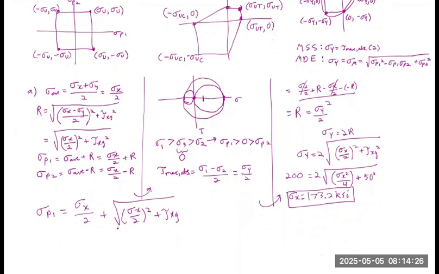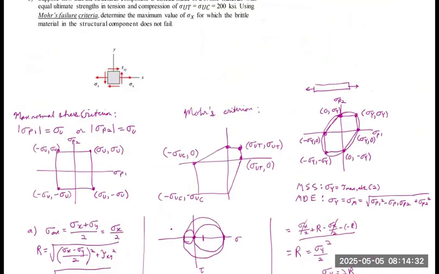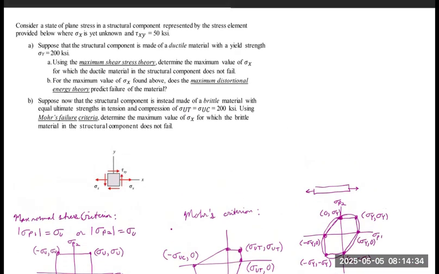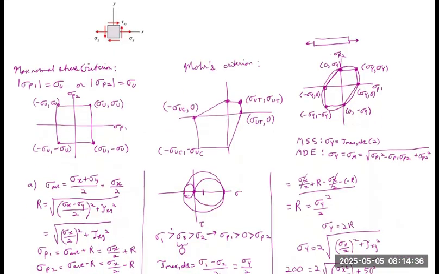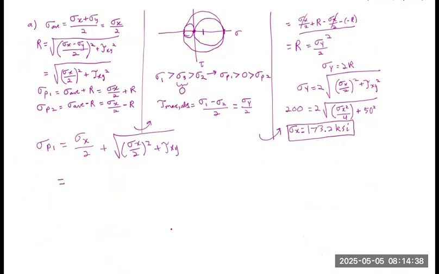So plugging in our value for sigma x, 173.2, and our value for tau xy, which was, I believe, 50 ksi. Sorry, my tablet is acting up.